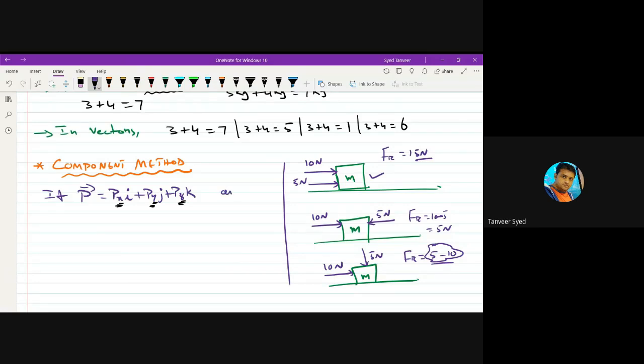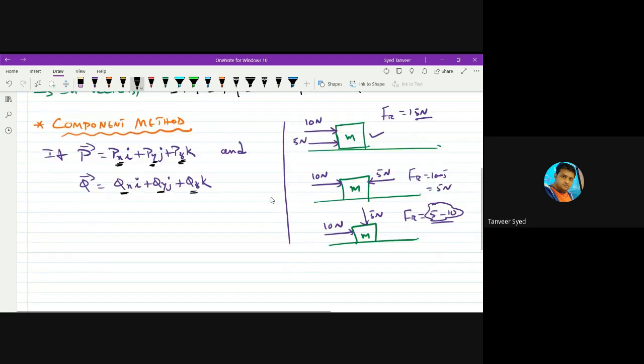This is one vector P. And the second vector Q, Qxi plus Qyj plus Qzk. So the value of vector Q along I direction is Qx, along J direction is Qy, along K direction is Qz. Okay. Now I want to add these two vectors.